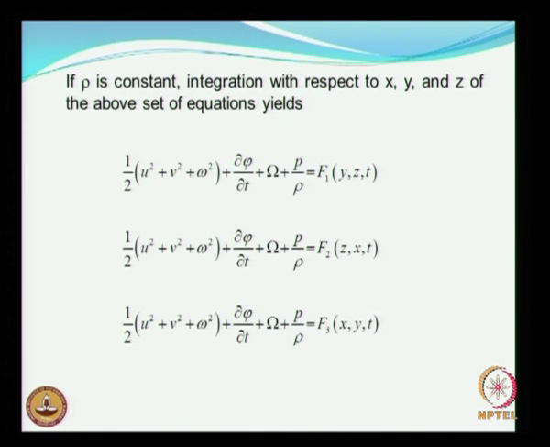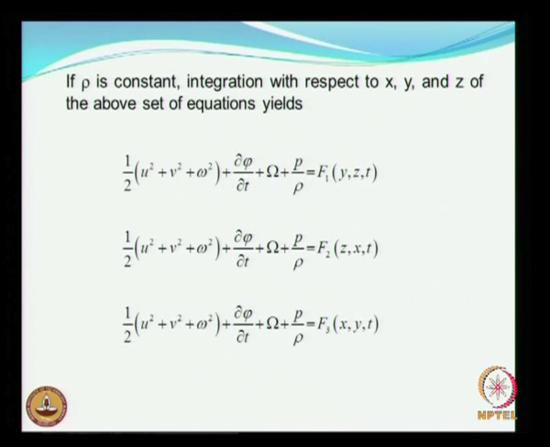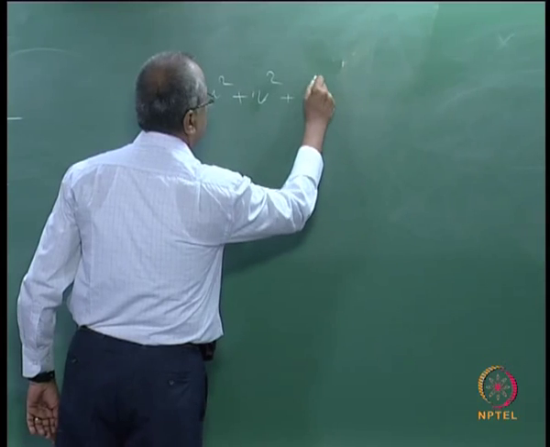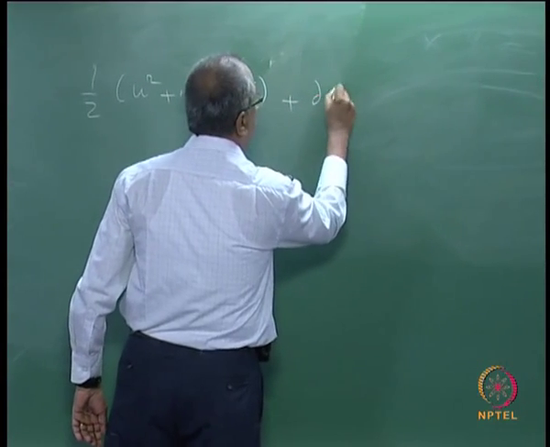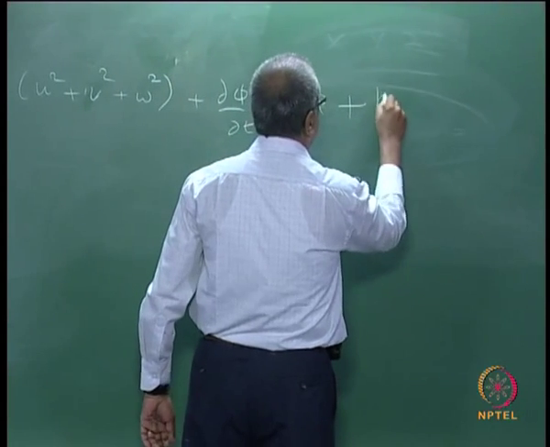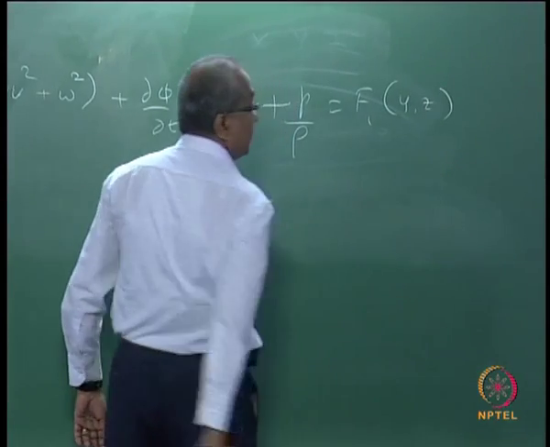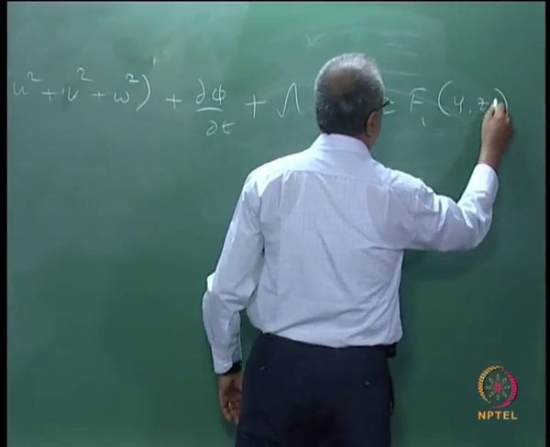Here, if rho is a constant, integration with respect to x, y, z, look at these expressions, you integrate these expressions, you will have half into u, v, w terms, and of course you have the time also.